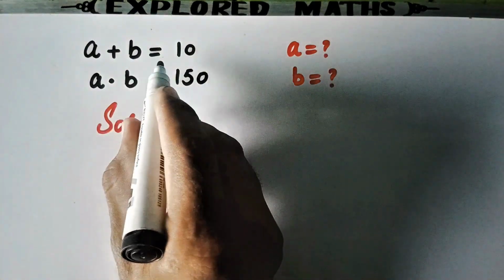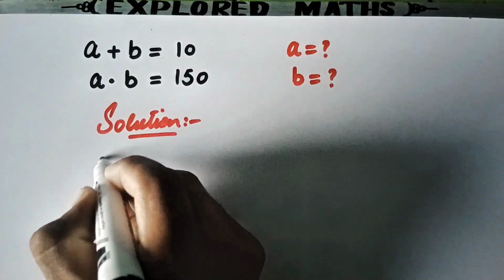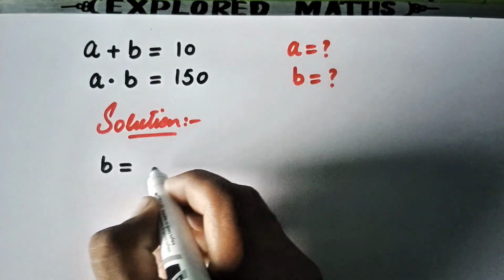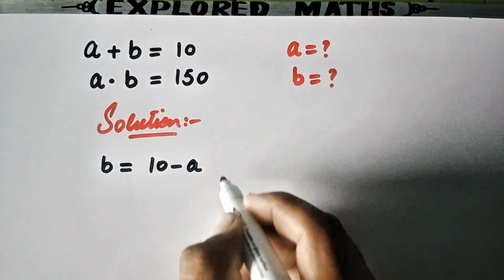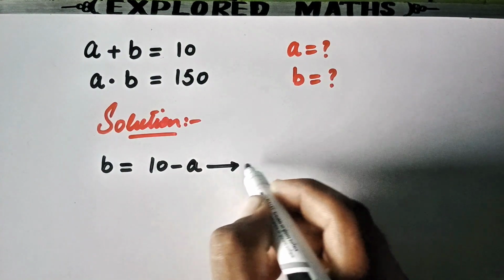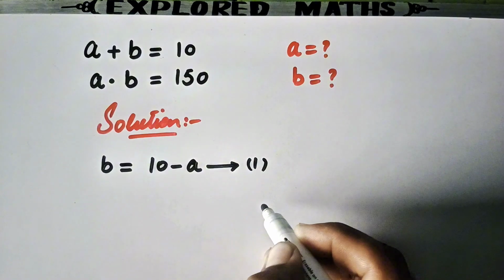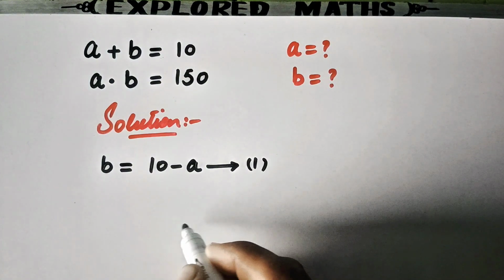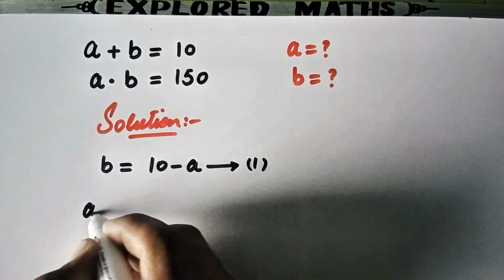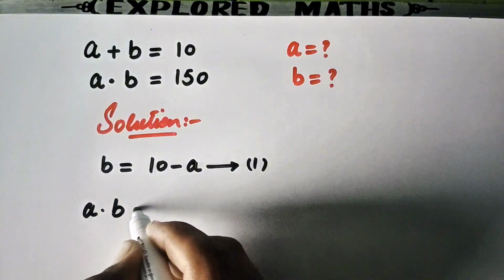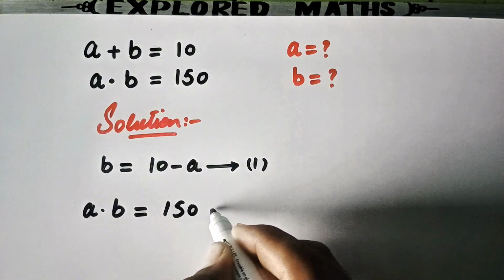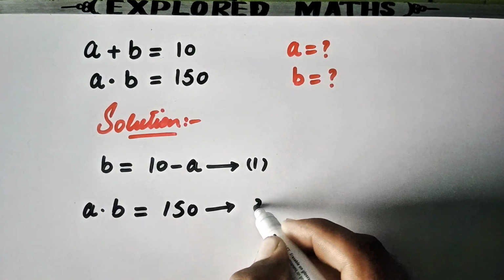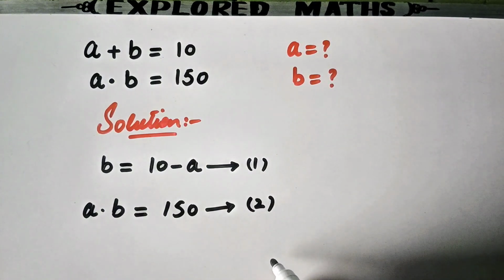So here from this equation we will take b equal to 10 minus a, and we will mark it as equation number 1. And this equation, a times b equal to 150, as equation number 2.